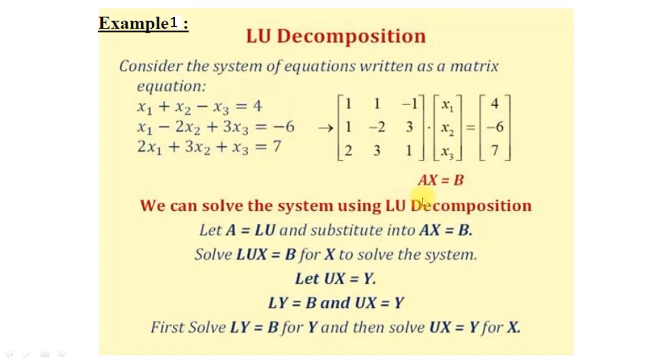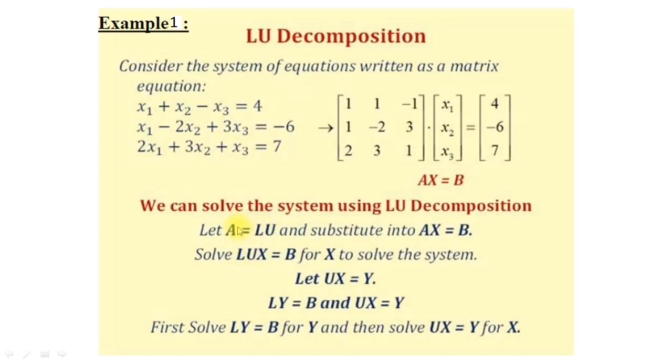Now decompose this square matrix A into two matrices, lower triangular matrix and upper triangular matrix, and then putting A = LU, we obtain LUX = B. Now using this matrix U, UX = Y, LY = B, and UX = Y. So in this procedure, first of all, solve for Y using the lower triangular matrix, which you will obtain in the first step.